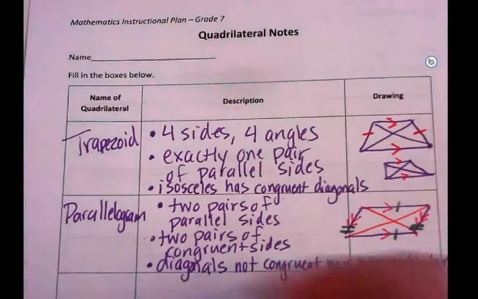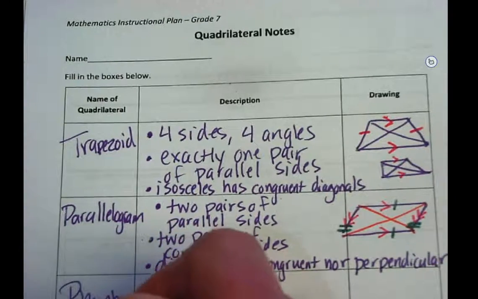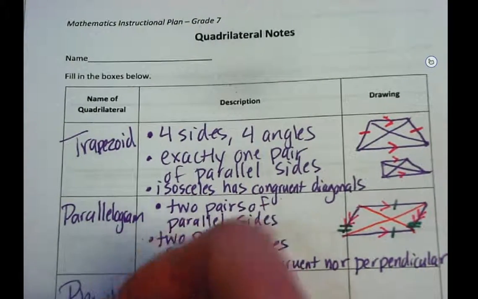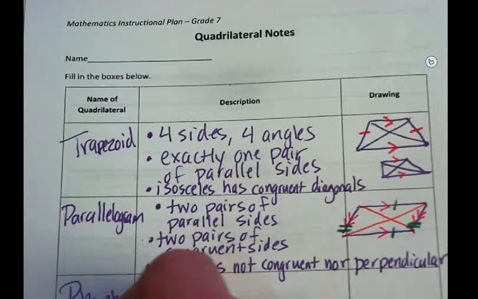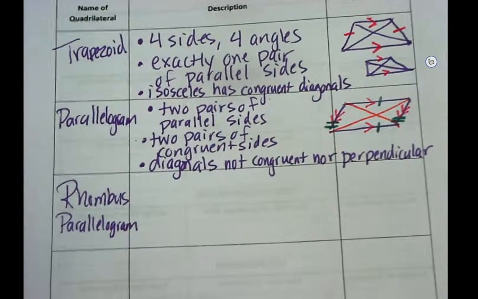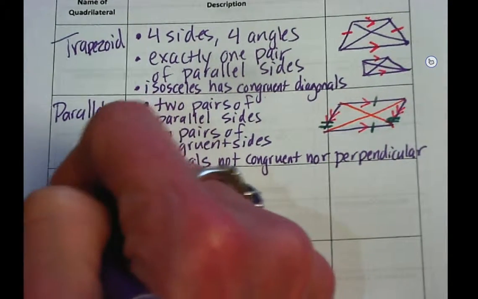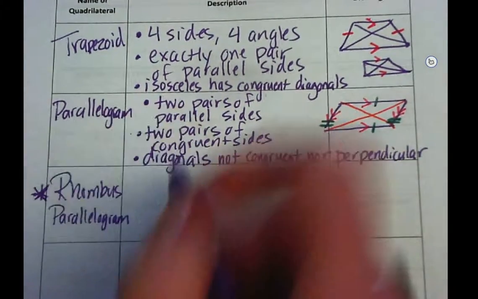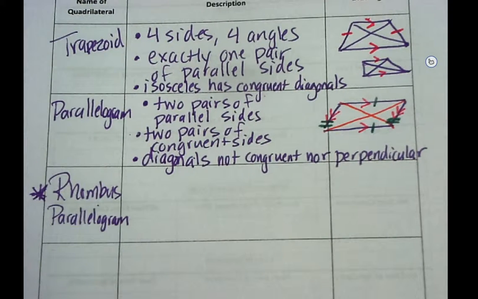So a rhombus is our next shape, is also a parallelogram. Rhombus is also a parallelogram. It has both names. The most specific name, put a star by it. This is going to help us not to write so many notes down.